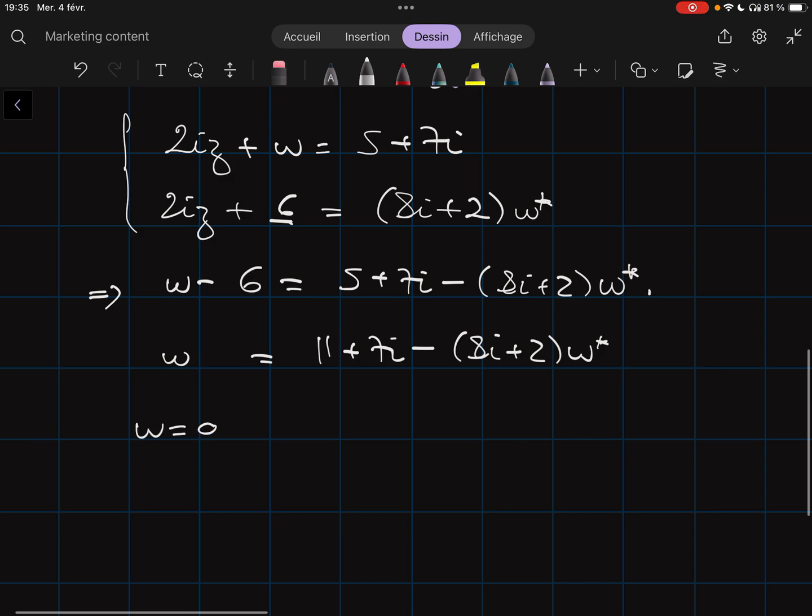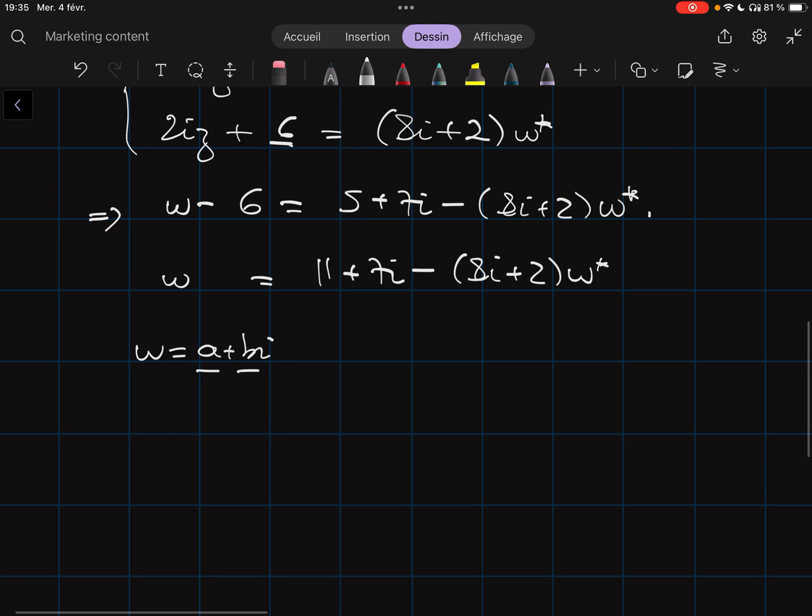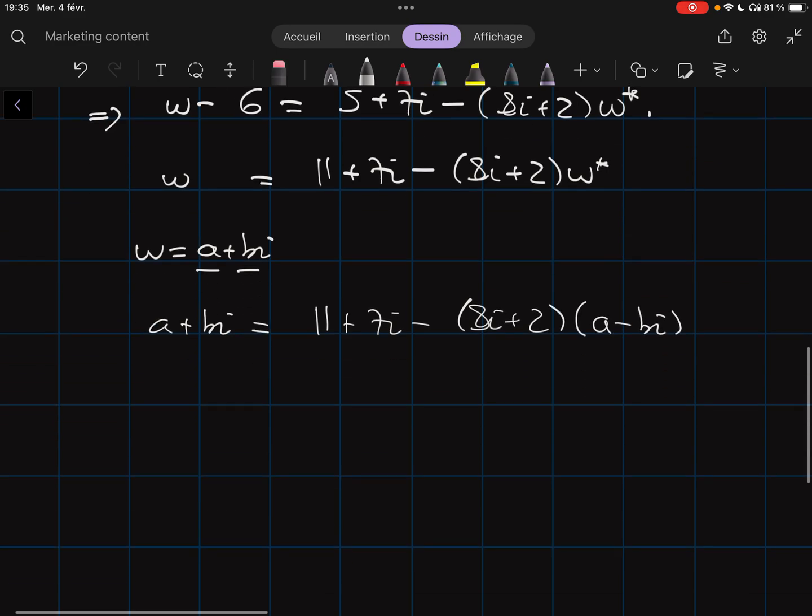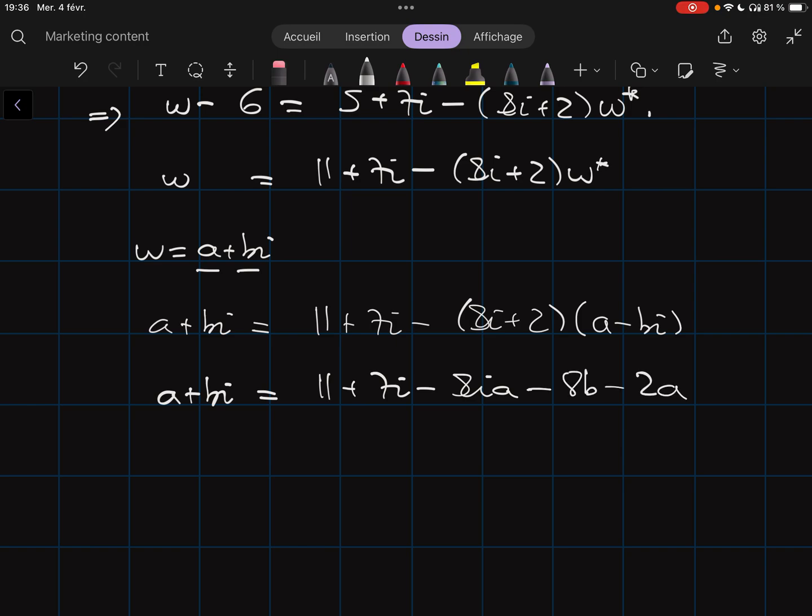Let w equals a plus bi, equate the real part, equate the imaginary part, and we shall obtain two equations in a and b. So, left hand side, right hand side. You may want to slow down a little bit.